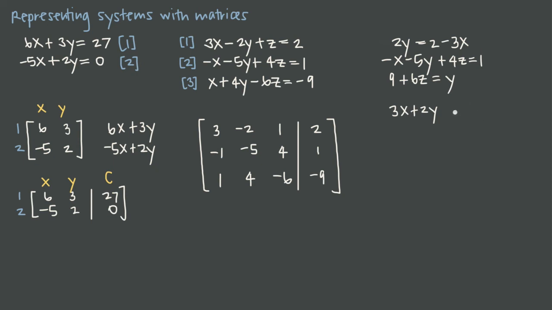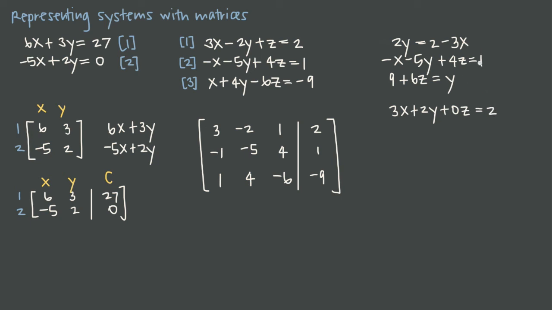So in order to put in a placeholder for z, we'll say plus 0z. That doesn't change the equation at all. Adding 0 to something won't affect its value, but it's a placeholder so that we don't forget to put a value for z into our matrix representation. So we'll rewrite this as 3x plus 2y plus 0z is equal to 2.